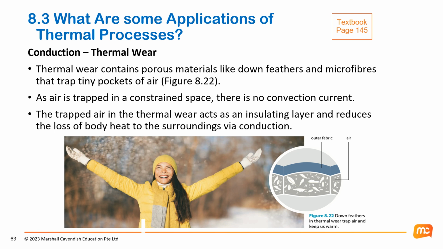They trap tiny pockets of air. Since the air is trapped, there is no convection current because the air is not able to circulate around. It might get warmer, it might get less dense, it might try to rise, but it's stuck by this layer. So therefore, there's very little convection, and we've reduced the rate of heat transfer via convection.